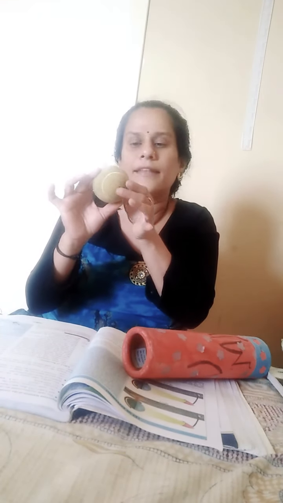You can see the brighter side here, and it will be dark here. So the places on this part will be experiencing the day, and the countries located on this part are experiencing the night time.